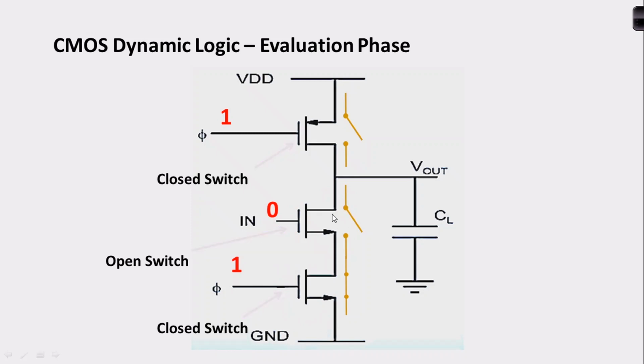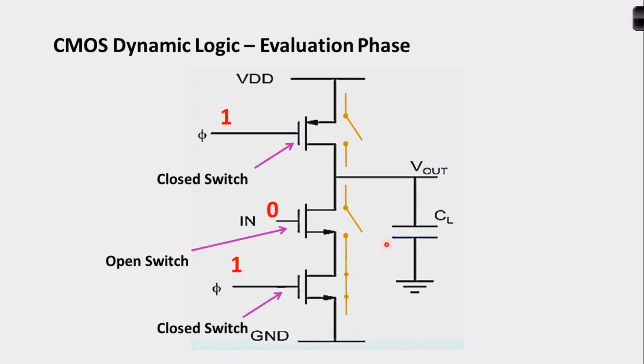In the previous pre-charge phase, we had pre-charged this node to VDD. But now in this scenario, I don't have any path connected to VDD, and I don't have any path connected to ground as well.